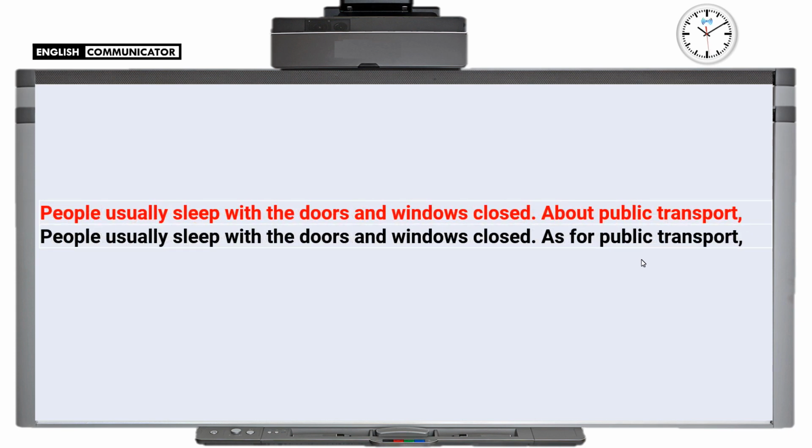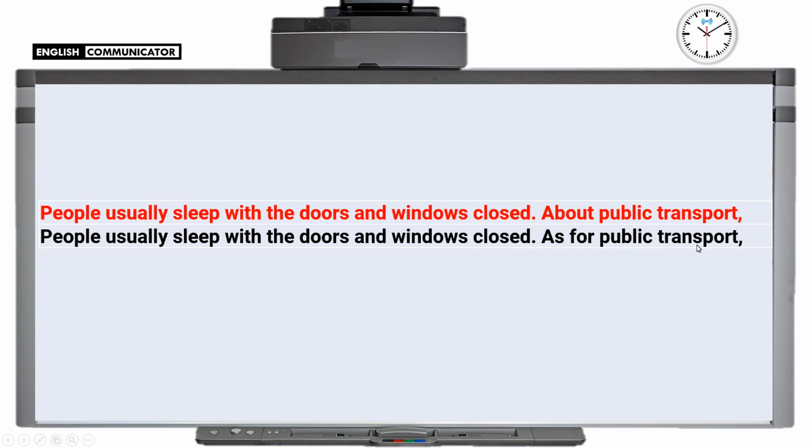People usually sleep with doors and windows closed. About public transport, it's wrong. Why? Because there is an error in about and as, and you have to get this difference. People usually sleep with doors and windows closed.